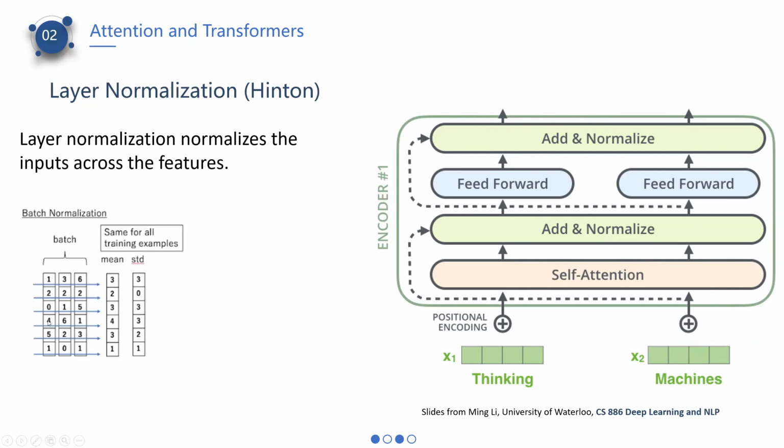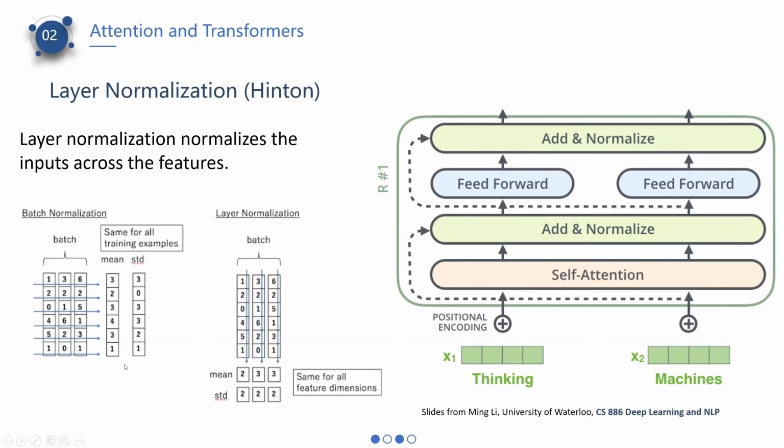Say we have 3 batches. For each element, we compute the mean and standard deviation, subtract the mean, and divide by the standard deviation. That's batch normalization. Layer normalization we do the other way: we compute the mean of each of these, and the standard deviation of each, subtract the mean and divide by the standard deviation. That's called layer normalization.